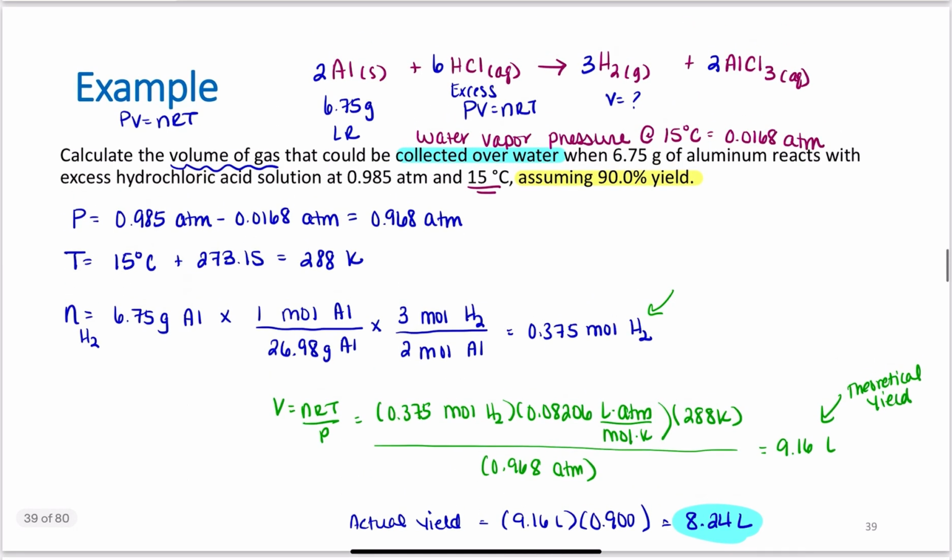So I'm going to get 8.24 liters out of this system of H2 gas if I react 6.75 grams of aluminum with excess hydrochloric acid under these conditions. If I got a 90% yield, that would be my results.